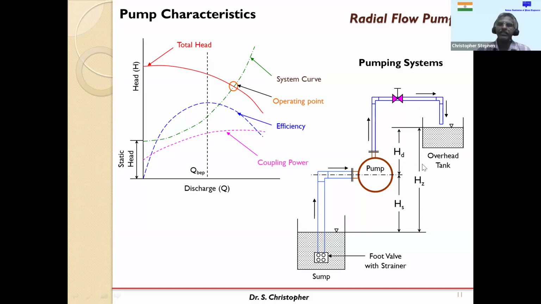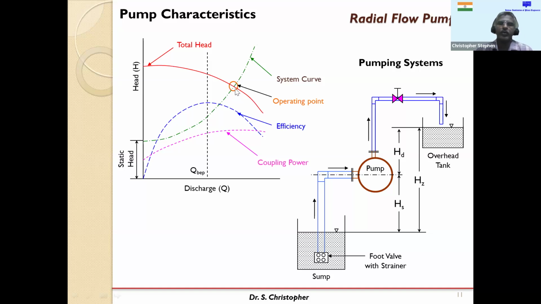And dynamic head is the summation of major and minor losses. Those from mechanical engineering may know about major loss and minor loss. Major loss is related to friction and minor loss is mainly due to the various fittings in the pipeline. If you know that, then we can draw this curve and it will be intersecting.